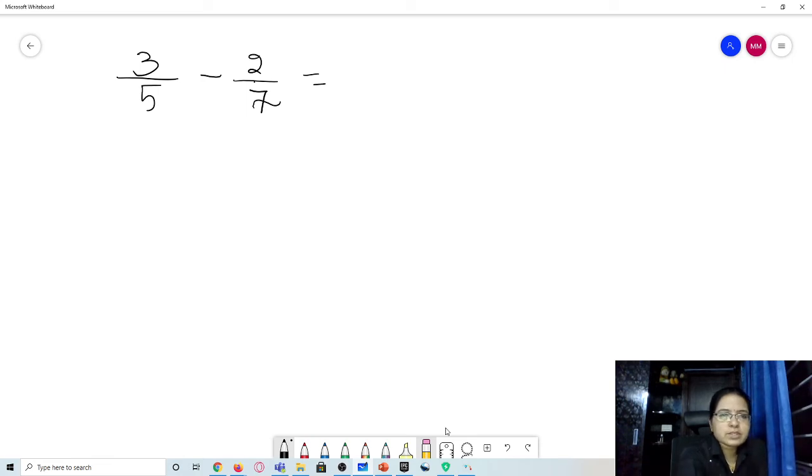First find out the LCM of 5 and 7. LCM of 5 and 7 is 35. Now divide 35 by denominator 5, that is 7. Multiply 3 with 7, minus. Now divide LCM 35 by denominator 7, that is 5. Multiply numerator 2 with 5.